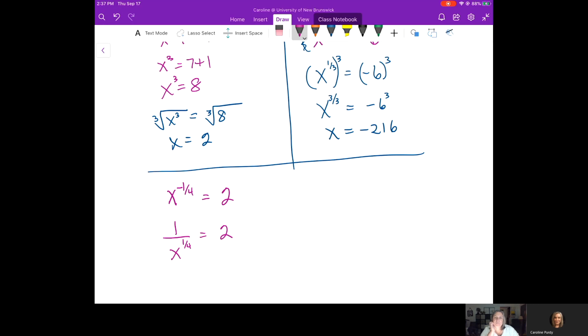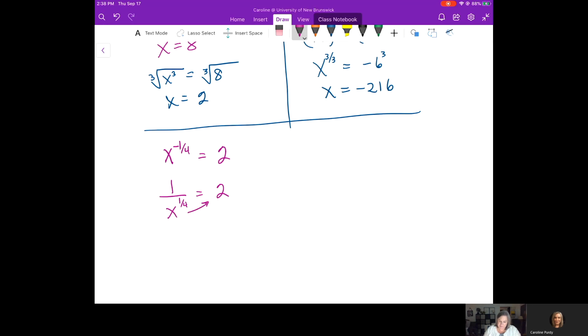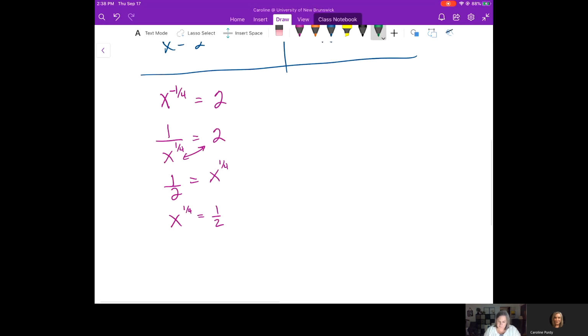And then what? Well, whenever the x is on the bottom of a fraction, we cross multiply so that it's on top. Actually, let's put the 2 down below and the x to the 1/4 up top. And then what do you think? I'm just going to rewrite this the other way. So what do you think we would do here?